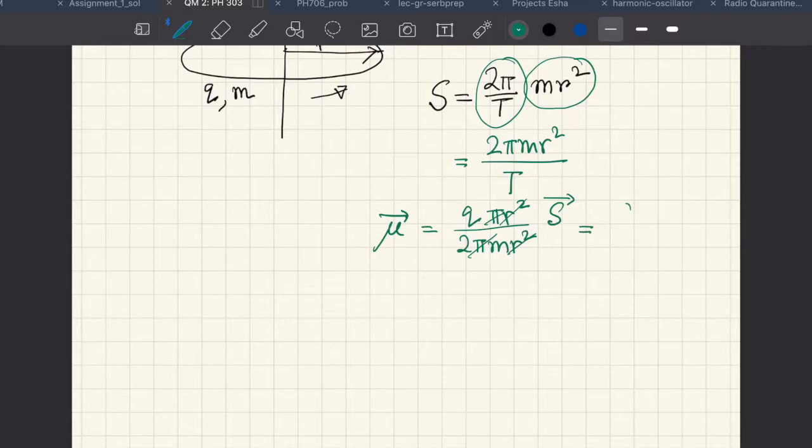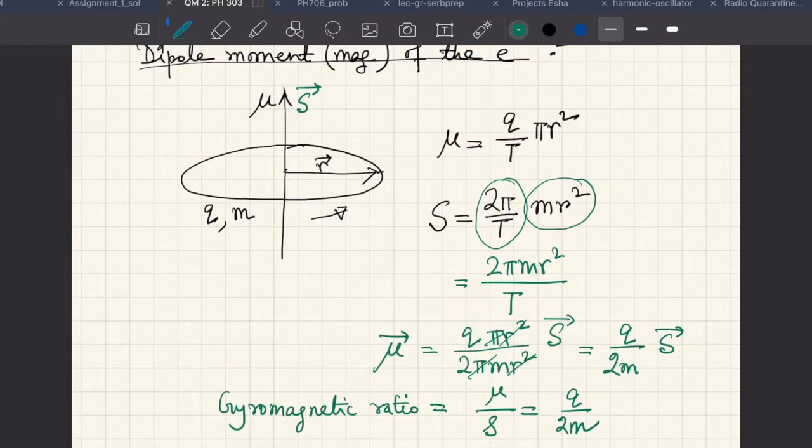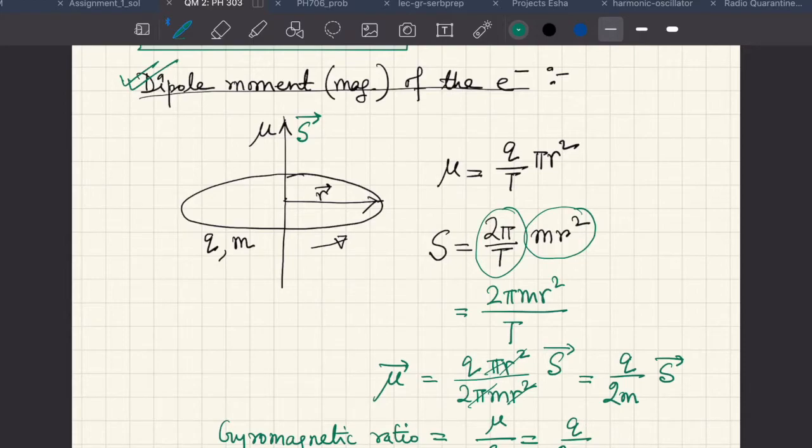We have Q by 2m into S, and therefore the gyromagnetic ratio should be mu over S, which is nothing but q by 2m. And you note that this object is independent of r as well as independent of capital T. Now, whatever I have just mentioned here as the magnetic dipole moment of the electron, it is a purely classical calculation.